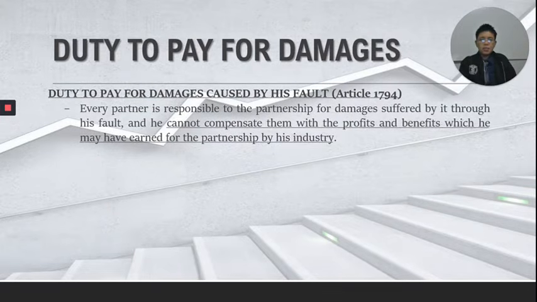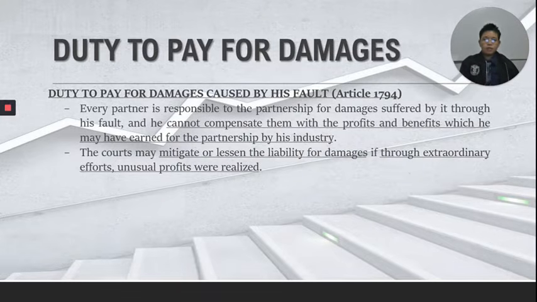Later on, the same partner who caused damages to the partnership earns 200,000 for the partnership. Remember, hindi pwedeng quits na lang, wala na lang bayaran. Kumbaga, may balance na lang yung partner na 100,000 pesos. Hindi pwede yon. Remember, they cannot be compensated against one another.